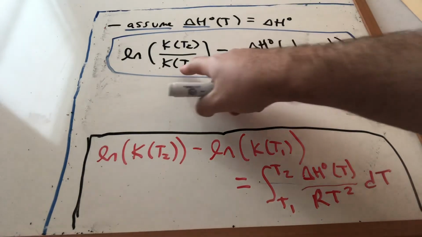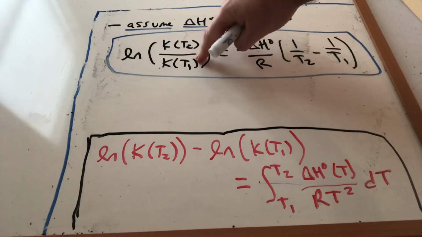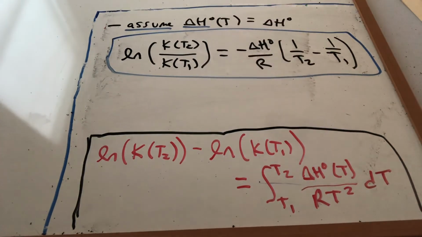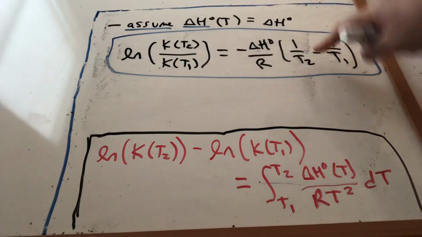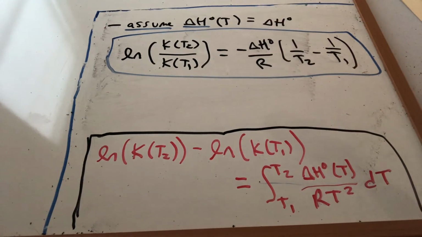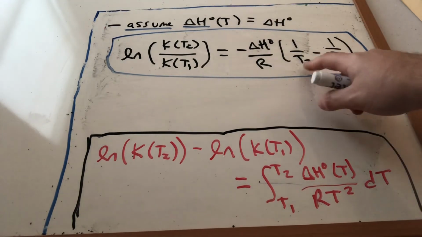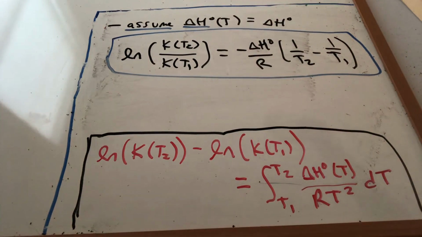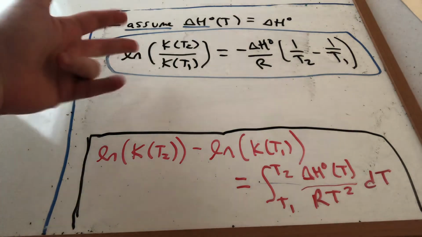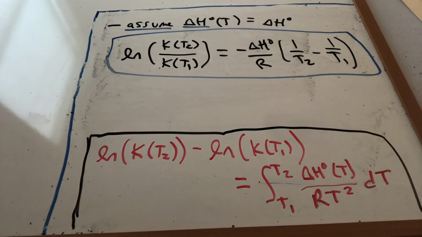You would use a delta G naught to calculate what K is at your table temperature. Then I want K at a different temperature. I use my table delta H naught because I'm going to assume that over this range it's going to be the same. I pick a temperature that I want to change to, and I'm going to see how K changes. So I have everything I need except for that. Then I throw all those numbers in there, pay attention to units and significant figures, and I analyze this just like you did in general chemistry.